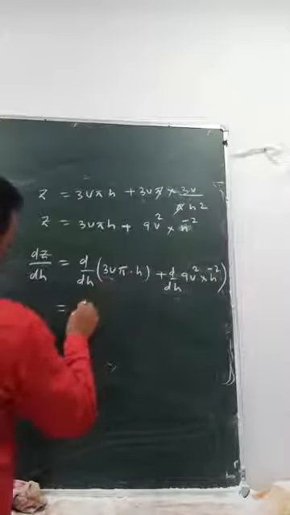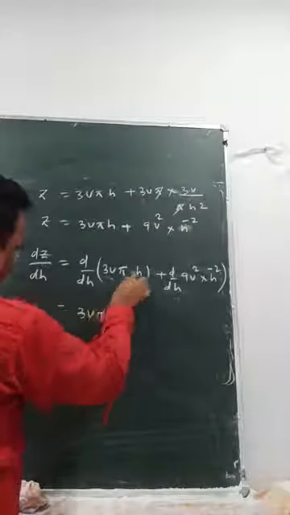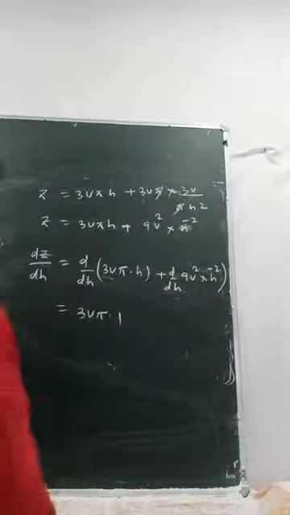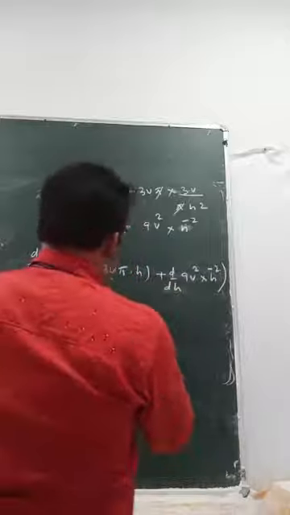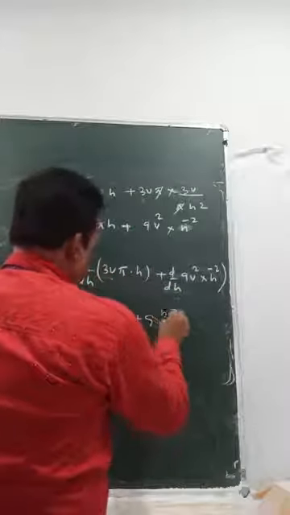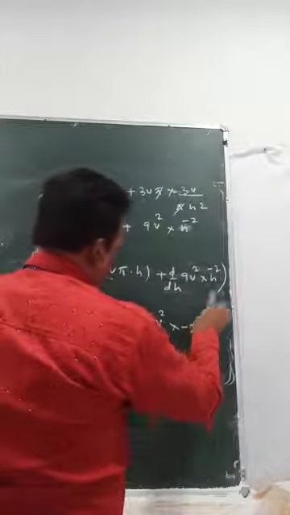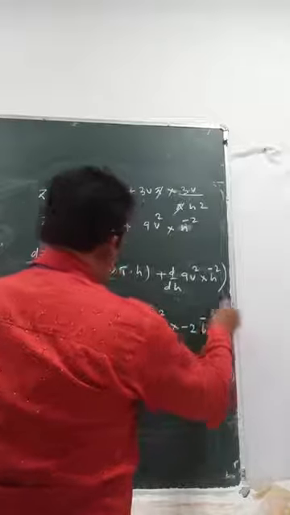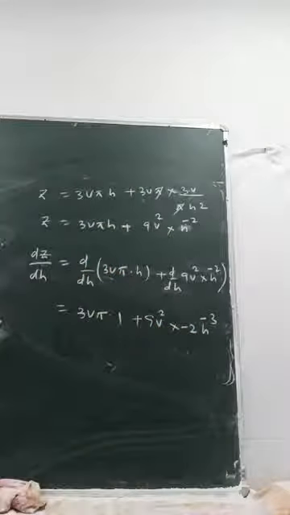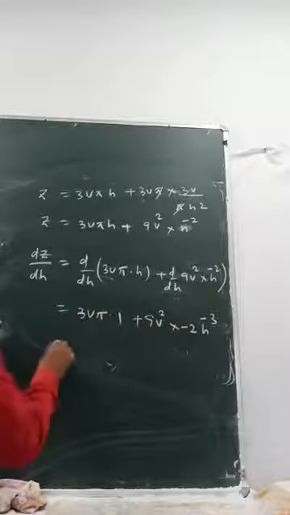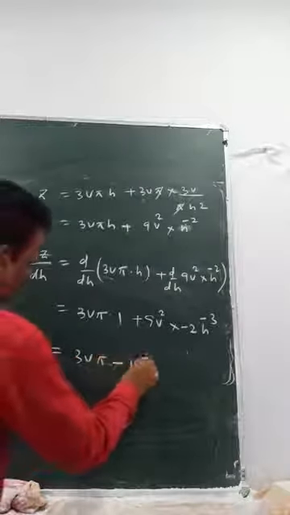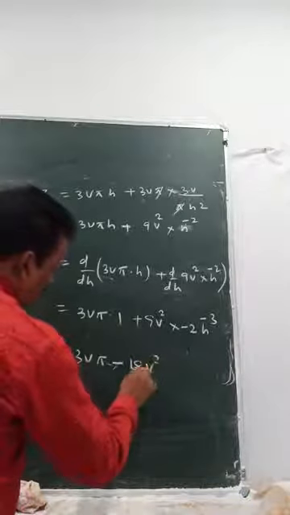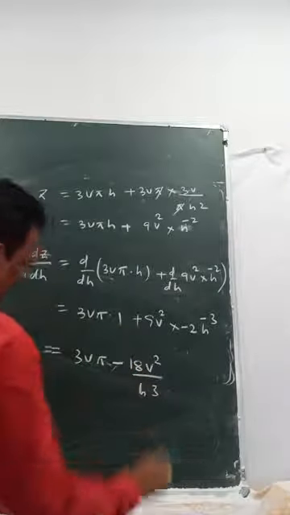This is 3v pi because h का derivative is 1, plus 9v square the constant, then into minus 2 h to the power minus 3. So 3v pi minus 18v square by h cube.